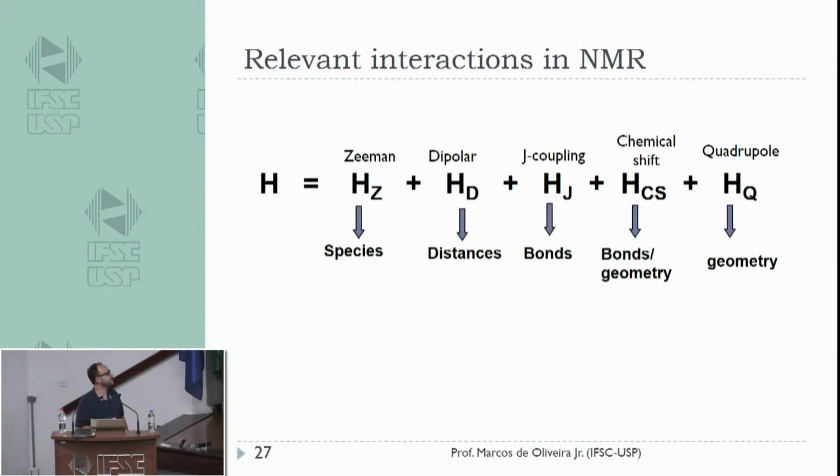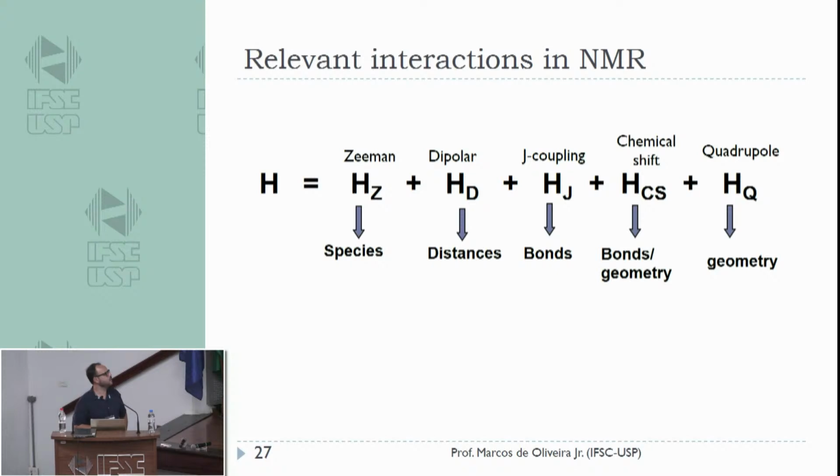And then here comes the interesting part, because if it were only the Zeeman interaction, then we would have only information about the nature of this isotope we are measuring. But we have more interactions in NMR, and they are the interactions that make NMR a technique that's good for structural characterization. So we have the dipolar interaction, that's the interaction between two spin magnetic moments. So we can get information here about distances, for example. The J coupling is an interaction through the electrons in a bond. So it gives information about bonds.